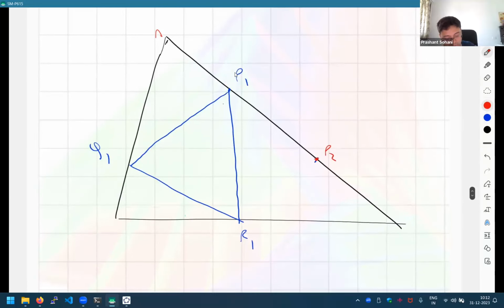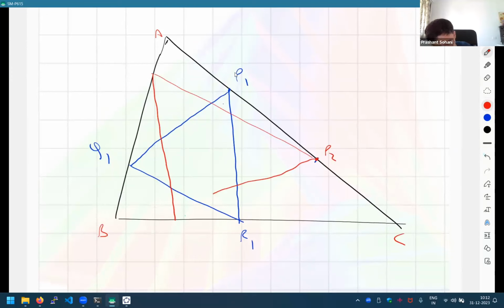Okay. So now if you consider another point P2, P2, Q2, R2 is another equilateral triangle. And so let us look at that point O in more detail. If I directly plot the point O, we are saying that around point O we have this spiral homothety.